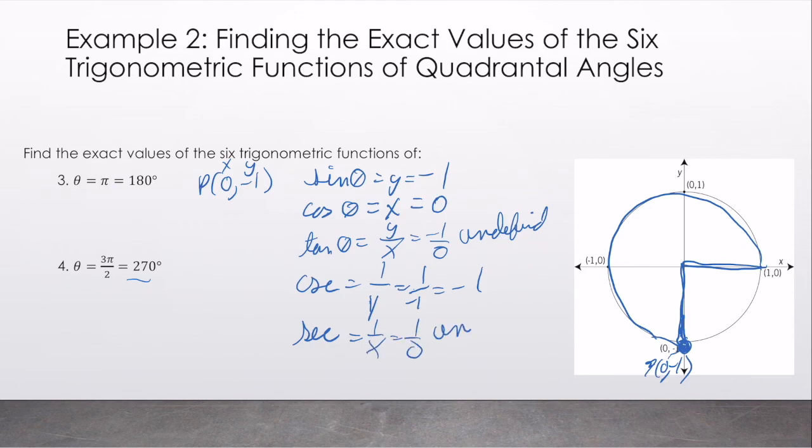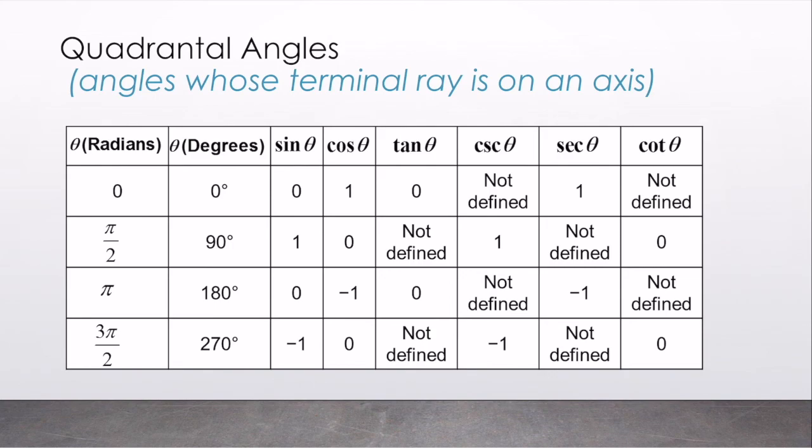And then cotangent is x over y, which is 0 over -1, which is defined, but it's just 0. So here are the values for when we have a theta of 270 degrees or 3 pi over 2 radians. They're equivalent. And we organized all the places where they're not defined into this nice little table so you can take a peek.